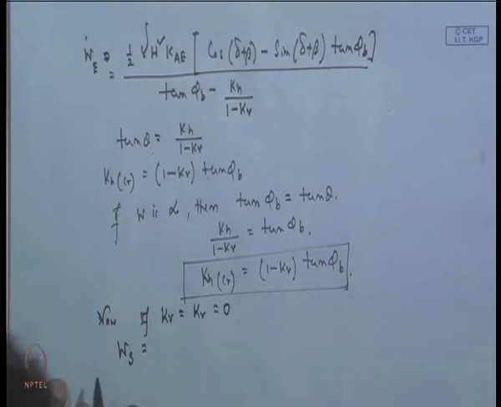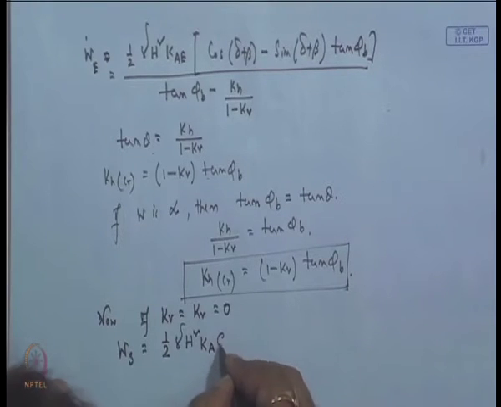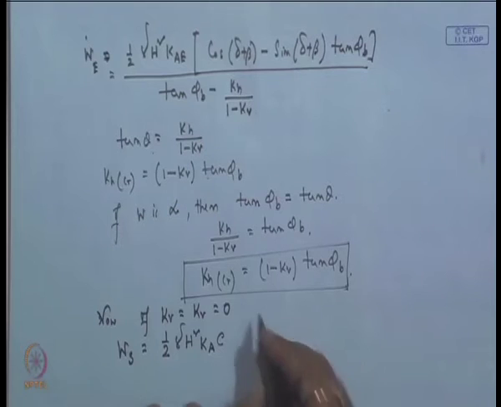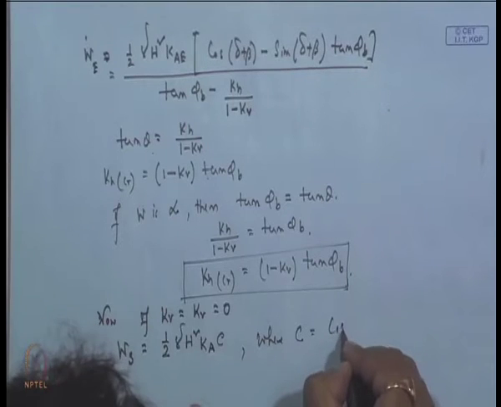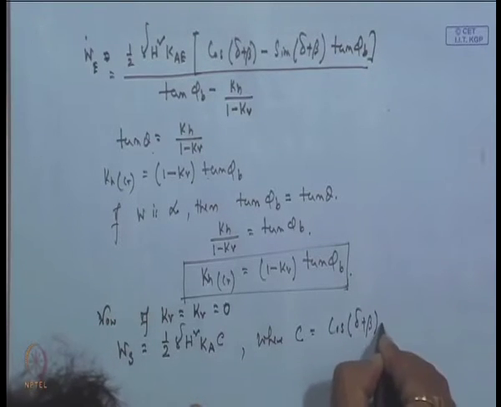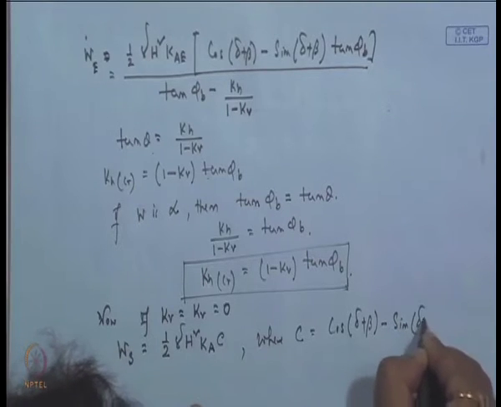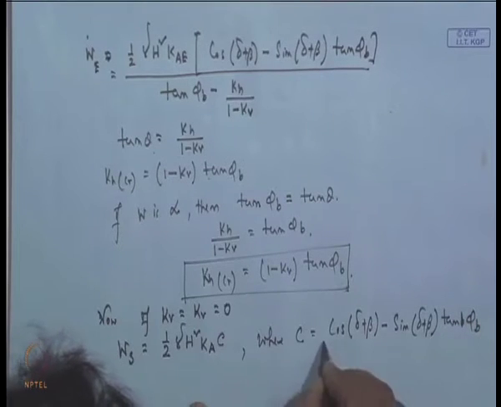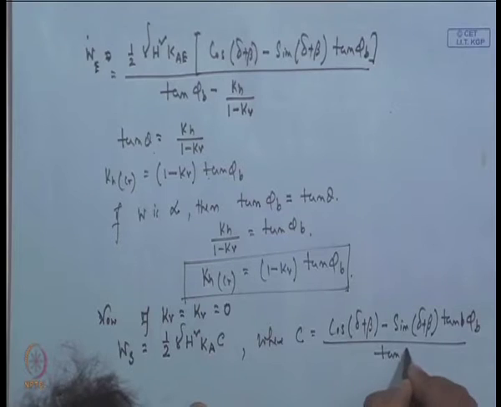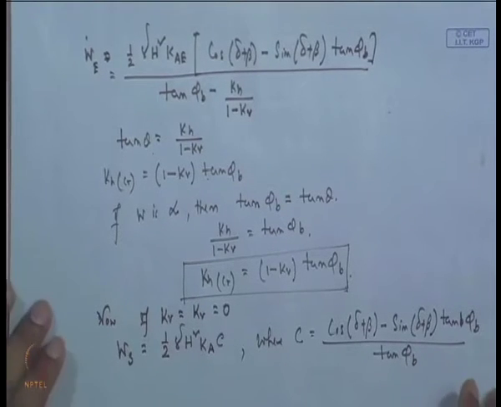Now, this one will be the expression under seismic condition: half gamma H square K A into a constant C, where C is equal to cos of delta plus beta minus sin of delta plus beta tan phi b, divided by tan phi b, where phi b is the friction angle at the base.